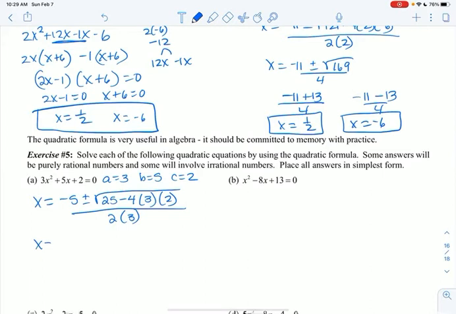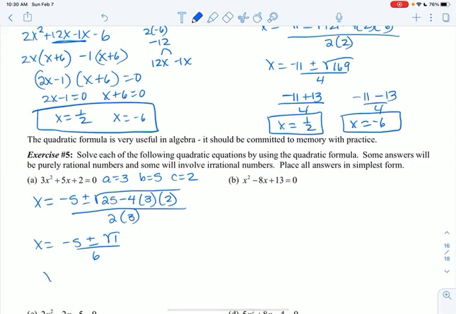So the hardest part is really just making sure that you can clean up that middle part. Negative 4 times 3 is negative 12. Negative 12 times 2 is negative 24. And 25 minus 24 is 1. And the square root of 1 is just 1.